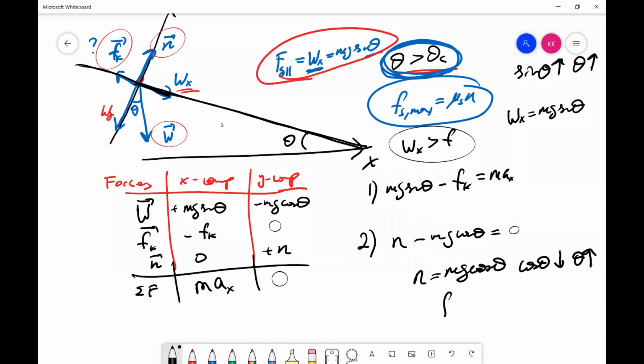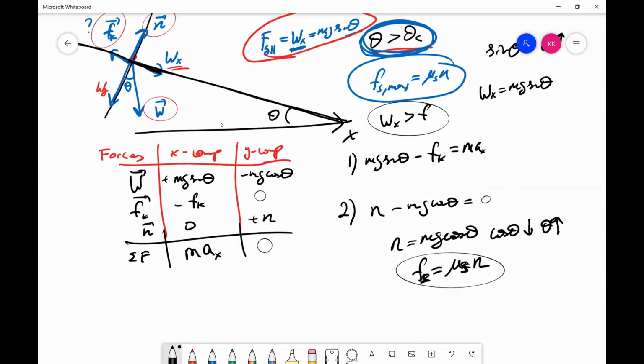And since friction equals coefficient times normal force, in terms of static, that's why it actually decreases. All right, but what we're going to do here is this.